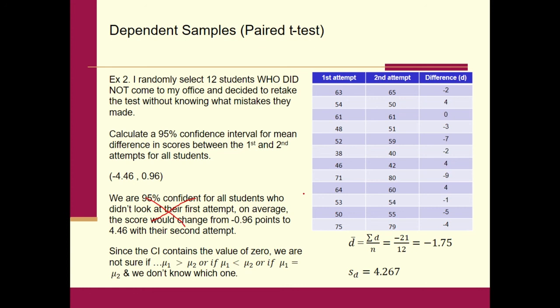It certainly doesn't look like a significant difference. And so this encourages students to come into my office, let's take a look at your exam, and probably you're going to do significantly better.